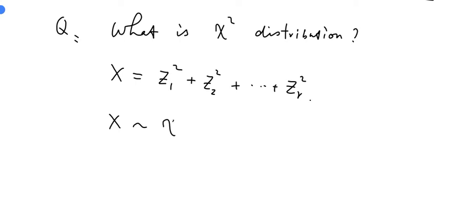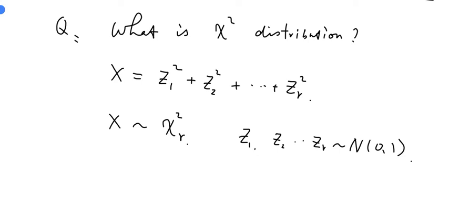If we have r terms, then it has degrees of freedom r. What are z1, z2? They, up to zr, all come from the standard normal. So the chi-square distribution is the summation of these squares, and certainly z1, z2 are independent variables.